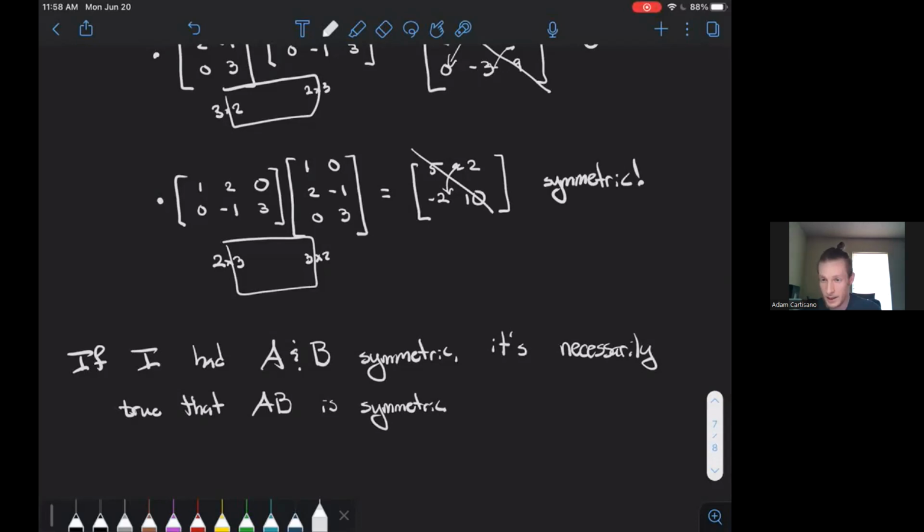You take their product, and it's not necessarily true that the product is symmetric. I challenge you to come up with an example of a product of two matrices which are both symmetric, but whose output is not symmetric.